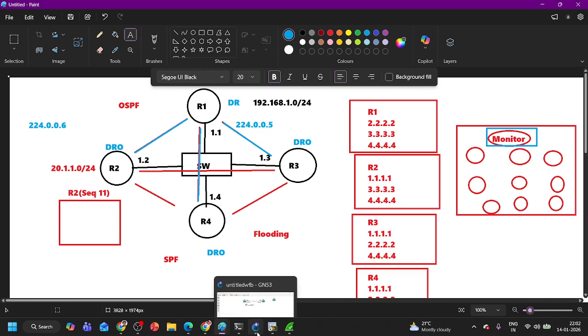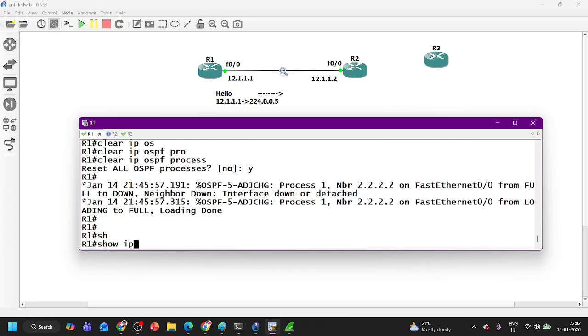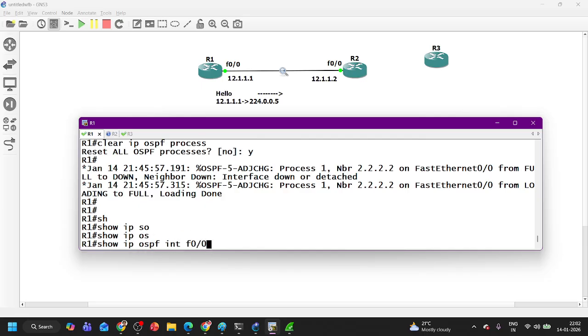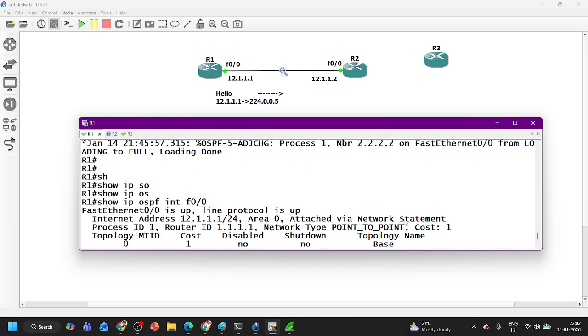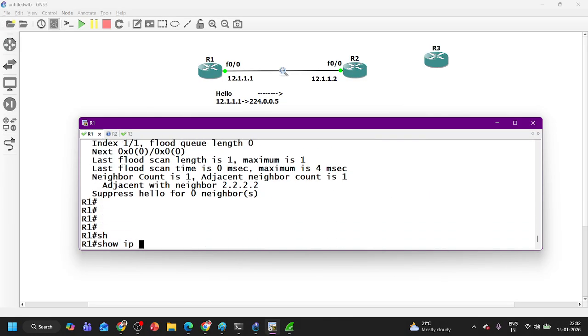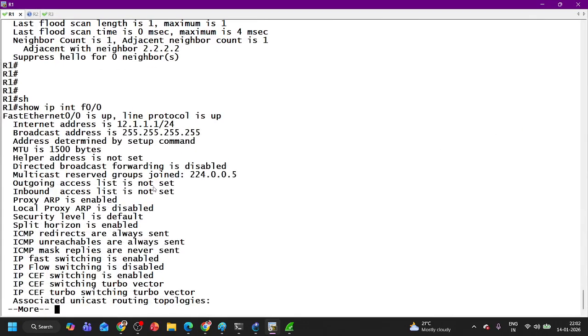Here my network type is what? So ip ospf interface F0/0. What is the network type? Point to point. Is DR and BDR there? No. See, the router interface has only joined this multicast group.